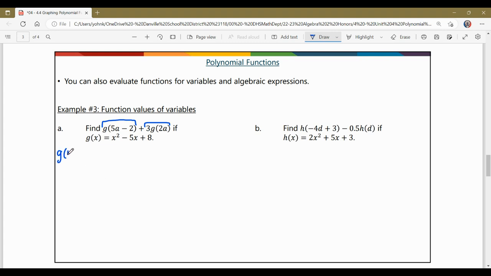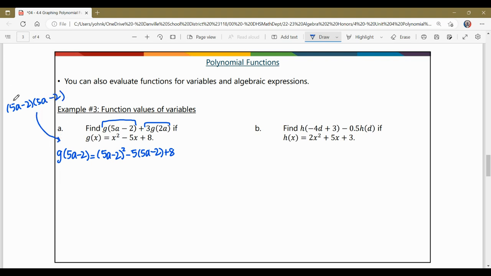So g(5a - 2) means to go to the g(x) function and substitute 5a - 2 in for each of the x's. So (5a - 2)^2 - 5(5a - 2) + 8. Well, (5a - 2)^2, remember, is (5a - 2)(5a - 2).